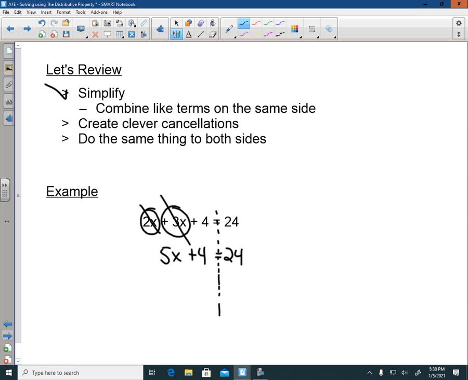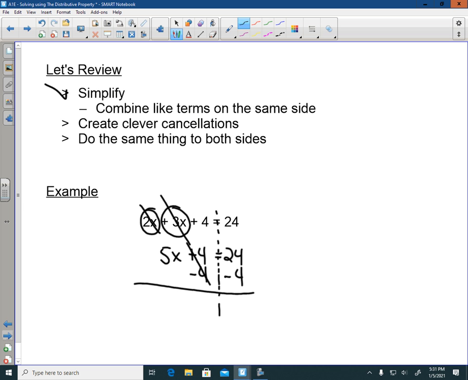The next thing to do is to do some solving, and we want to create a clever cancellation. That is where we want to start looking at both sides. We're going to look at the side that has the variable and get rid of the term that does not have the variable. So I'm talking about this 4. The easiest next step would be to subtract 4 to create that clever cancellation. And then we have to do the same thing to both sides. So I'm going to subtract 4 over here as well.